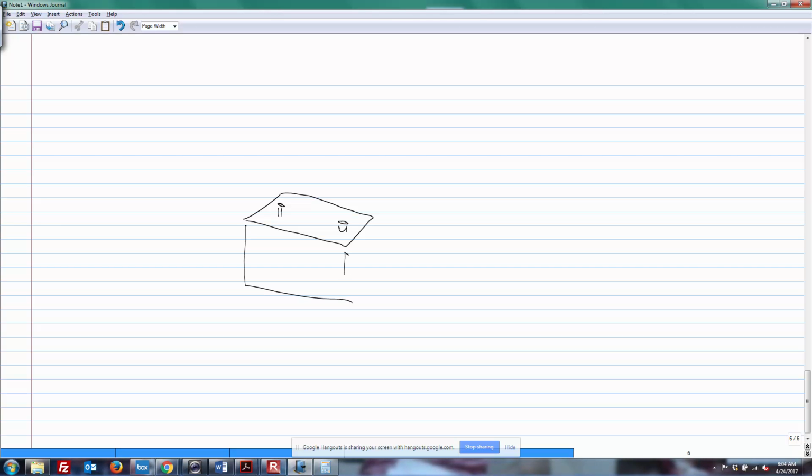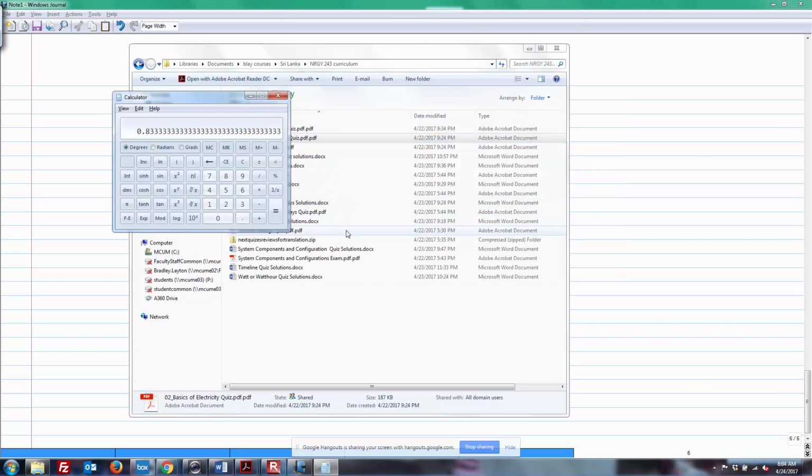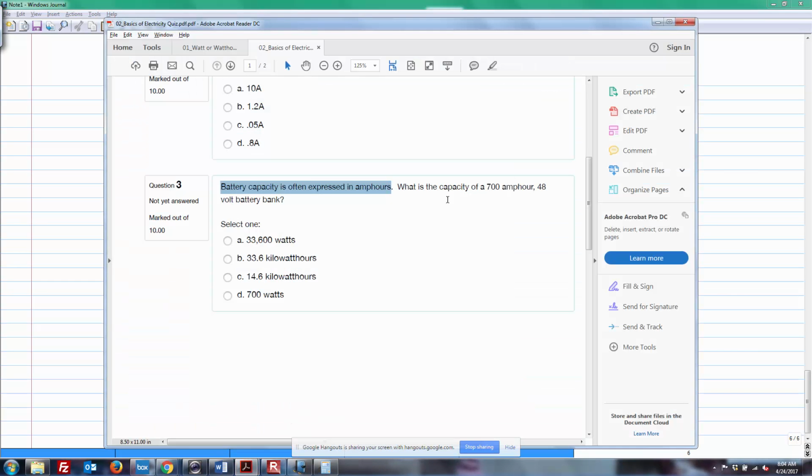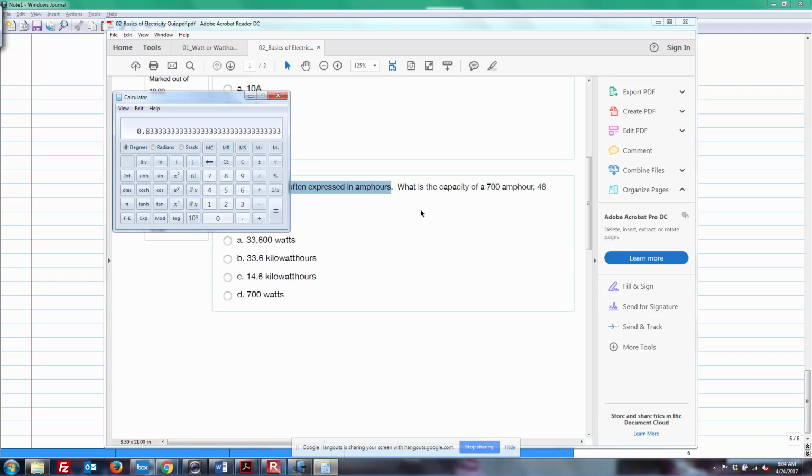So here we have our battery. And we know that the voltage equals 48 volts. And we're also given the capacity. It has 700 amp hours.